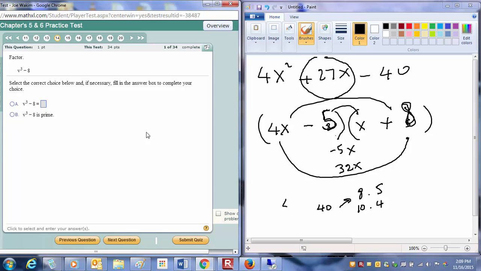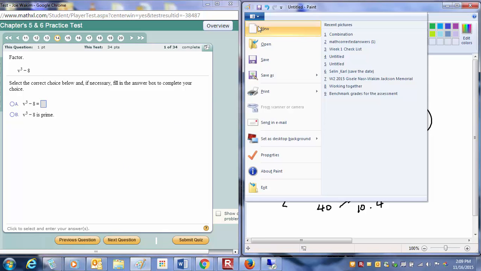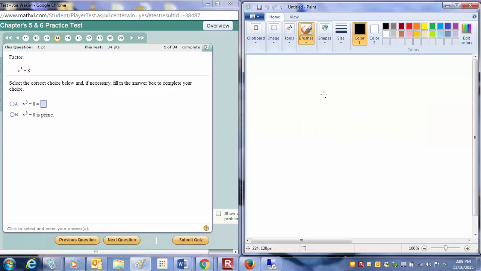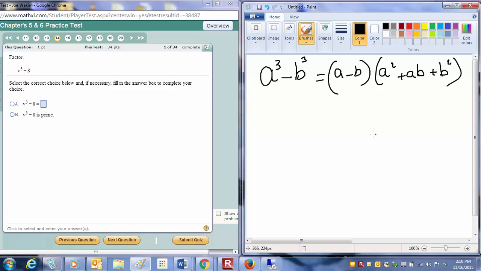Let's try number 14. This is a difference of two cubes. And make sure you remember the pattern. a cubed minus b cubed is a minus b times a squared plus ab plus b squared.